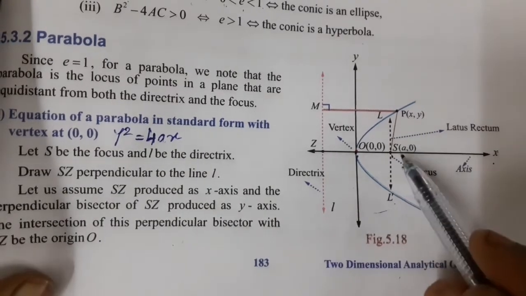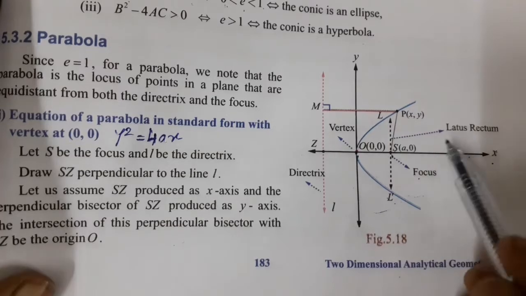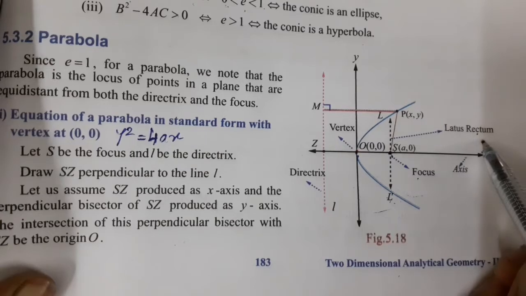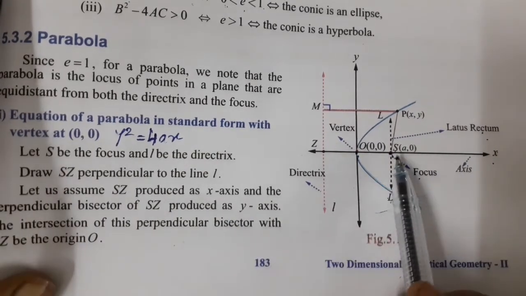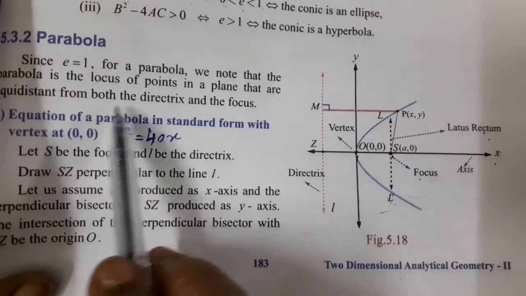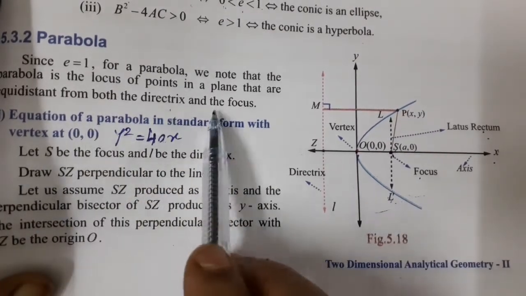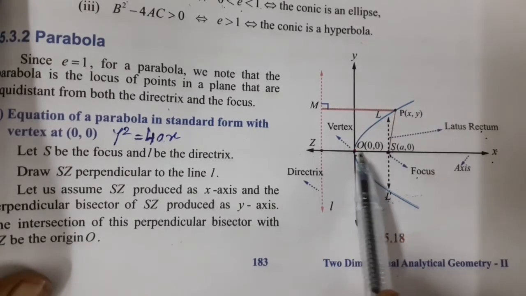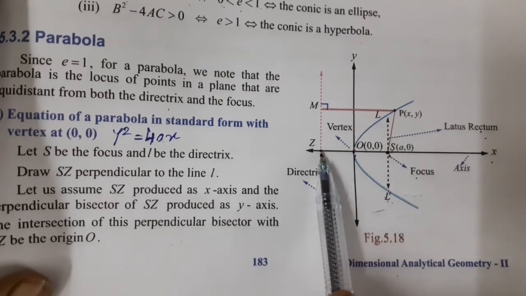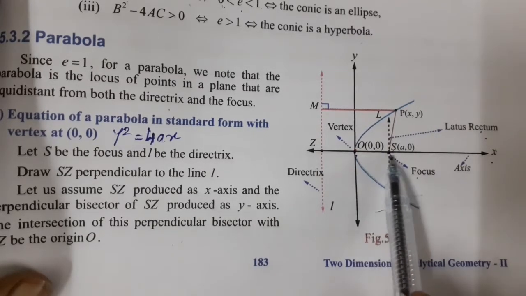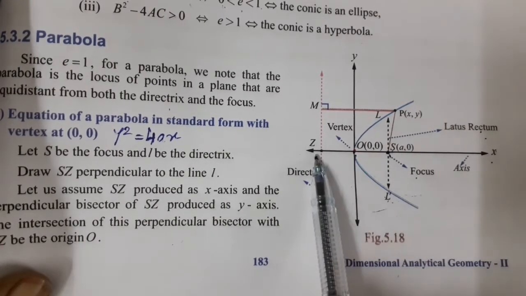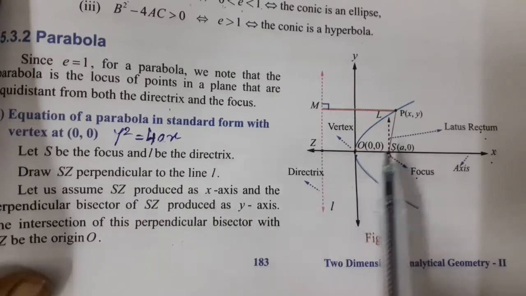The line passing through the focus is called the latus rectum. The line opposite to it is the directrix. The distance between the origin and the focus, as well as between the origin and the directrix, is equal. Suppose the origin to the focus is 4 units, then the origin to the directrix is also 4 units, but in the opposite direction.